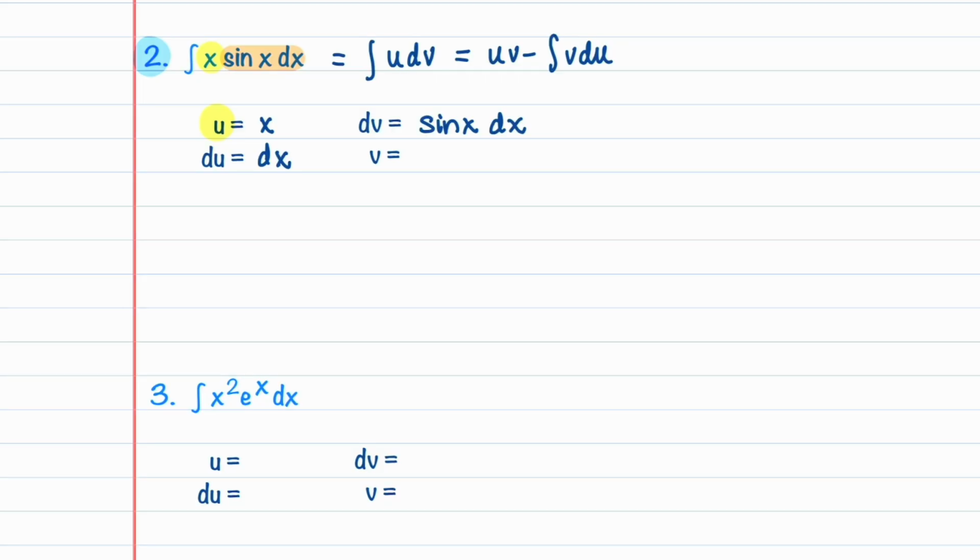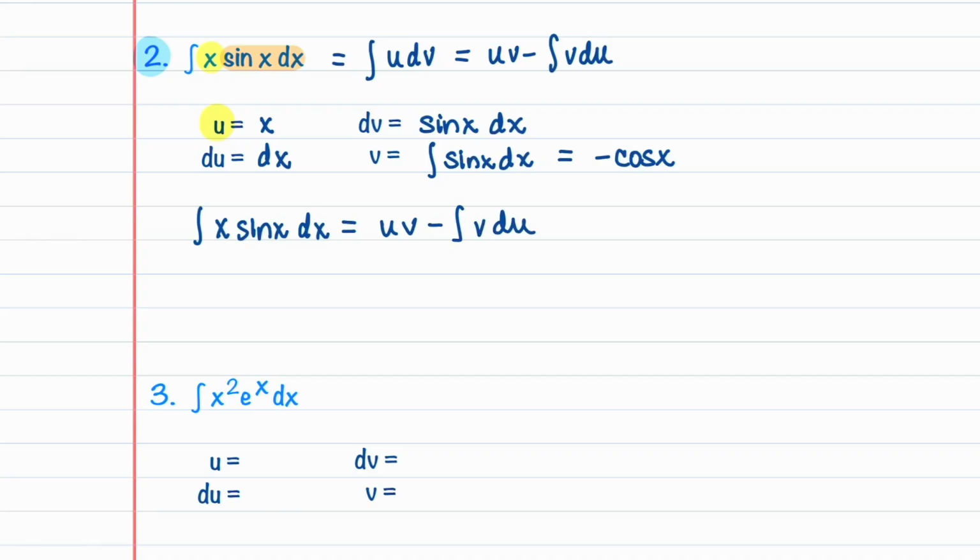And then on the right-hand side, we're going to integrate. So we have the integral sine x dx. That will be our v. And this is minus cosine x. Now we know that the integral of x sine x dx is our u times v minus our integral v du.